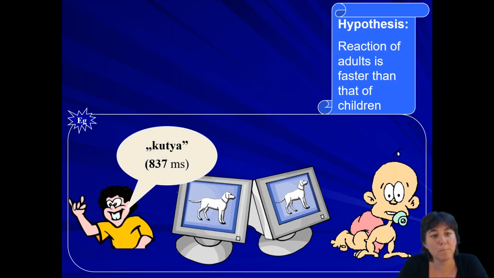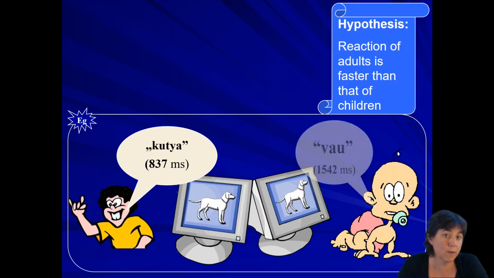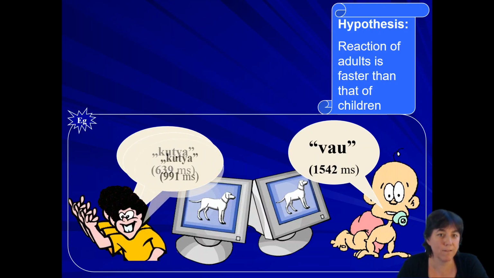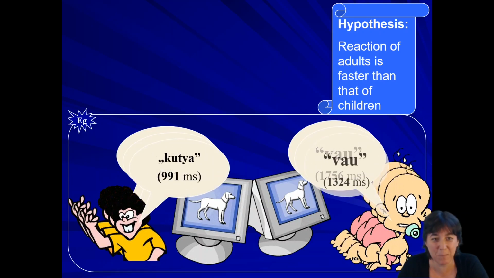And I'm measuring their reaction time, of course, in their native language. I can see that this person says "kutya" for this picture in 837 milliseconds, whereas a child might say not even the name of the dog, but "ruff", the barking, in a much longer millisecond time.